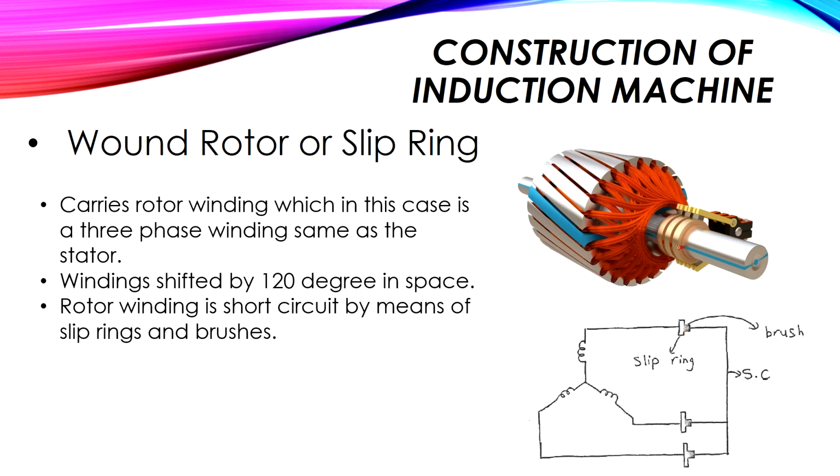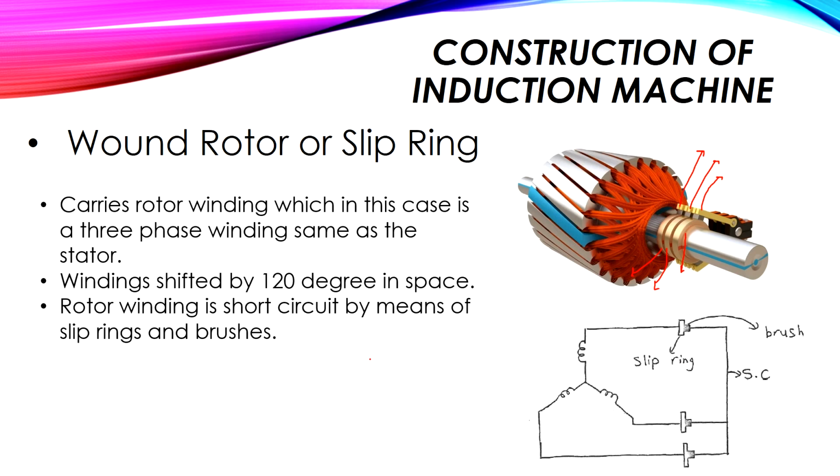So let's look here. You'll find this one is a ring, this one is a ring, and this one is a ring. And you'll find here brushes 1, 2 and 3. So we have 3 brushes connected to the rings which are rotating, each ring representing one of the phases. By connecting it like this, they are short circuited together.